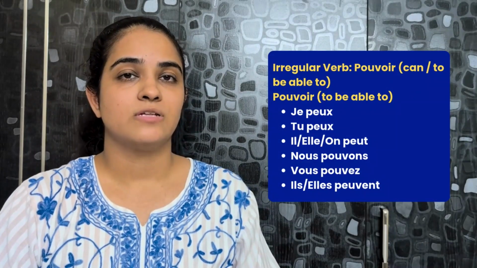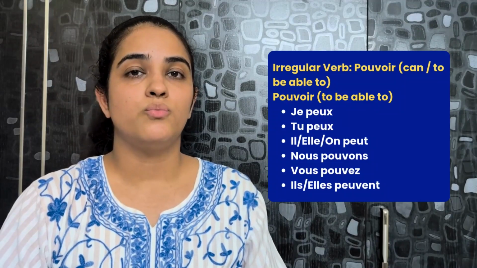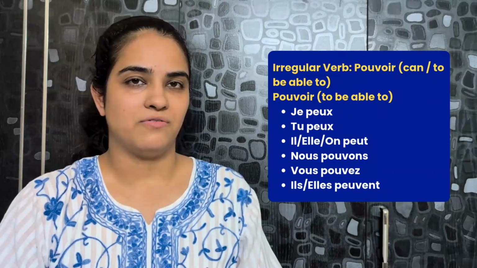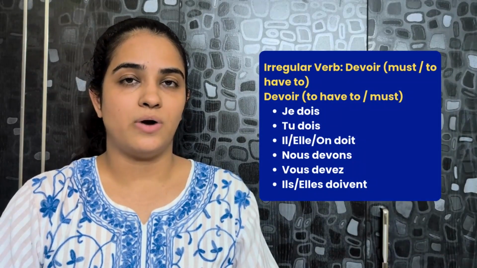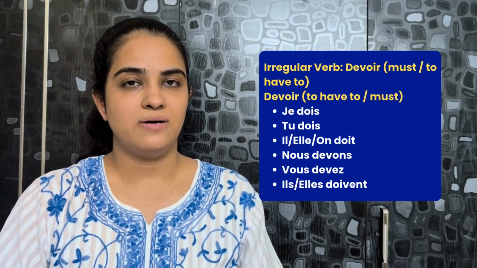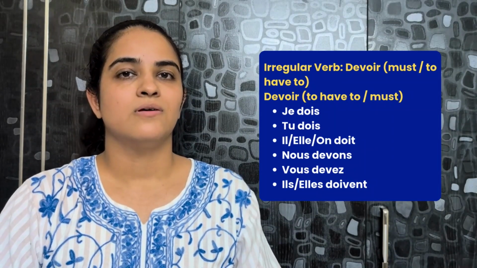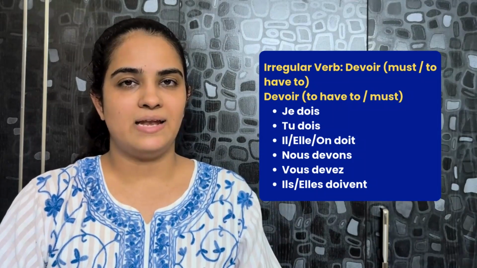With pouvoir, we have je peux, tu peux, il, elle, on peut, nous pouvons, vous pouvez, ils, elles peuvent. With devoir, which is quite different, it is je dois, tu dois, il, elle, on doit, nous devons, vous devez, ils, elles doivent.